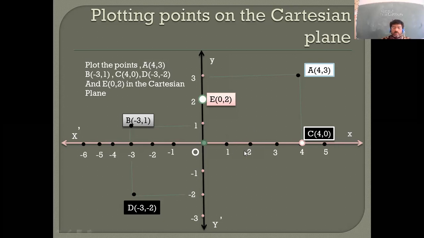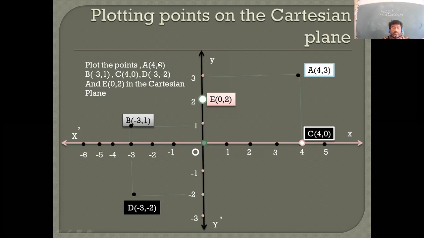Positive x-axis is 1, 2, 3, 4, 5, and the negative x-axis is -1, -2, -3, -4, -5, -6. O is the origin, where the x-axis and y-axis intersect. The positive y-axis is +1, +2, +3, and the negative y-axis is -1, -2, -3.